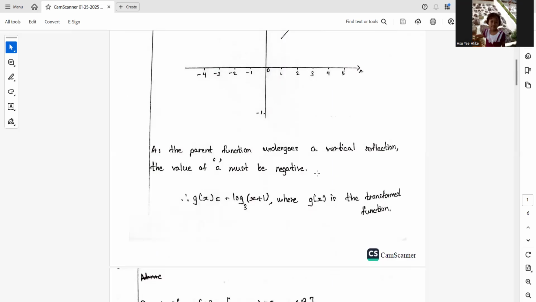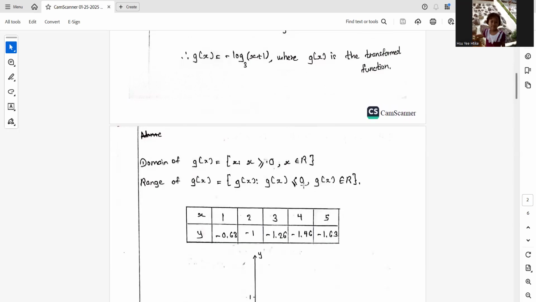The question asks me to do a logarithmic function under a vertical reflection. As the parent function undergoes a vertical reflection, the value of a must be negative. So I let the transformed function be g of x, where g of x is equal to negative log of (x plus 1) base 3.